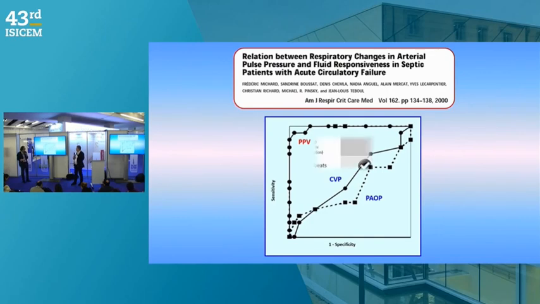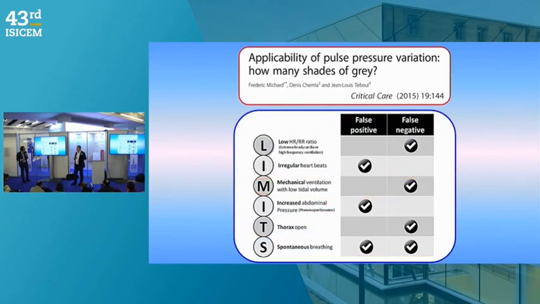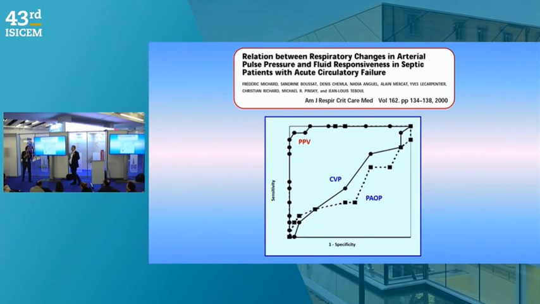Before you jump there, do you see one situation where the pulse pressure variations will not reflect the stroke volume variation? Even though you have stroke volume variation, the pulse pressure will not markedly change. It's because you have a very elastic aorta, and this occurs mostly in very young children.